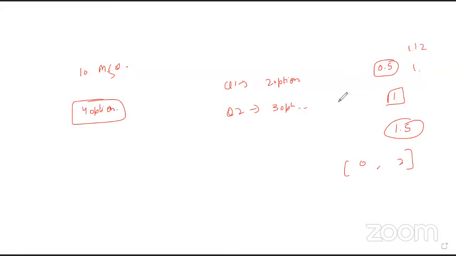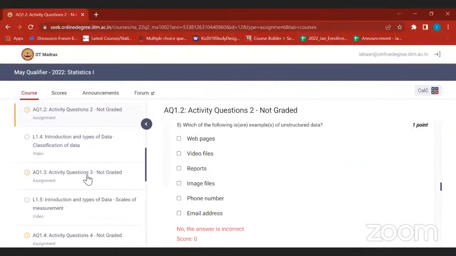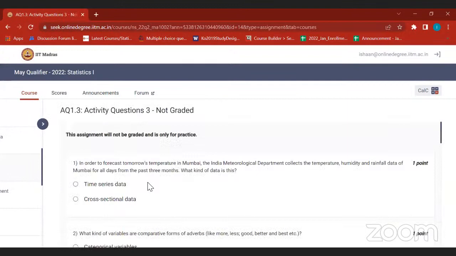Hello, sir. In activity 1.3, question number 8. Okay, 1 minute. I will come one by one. Pawan, sir, do you have any doubt? Yes, sir. It's related to this continuous and discrete. Which question are you referring to? Activity 1.3, question number 8.